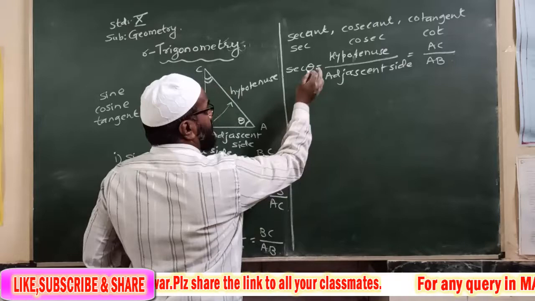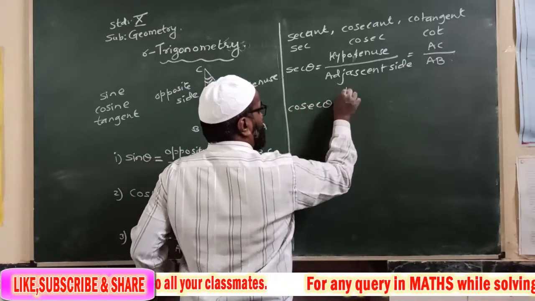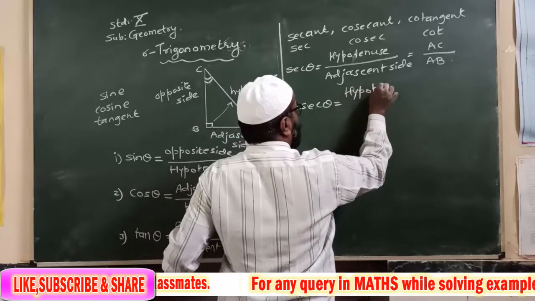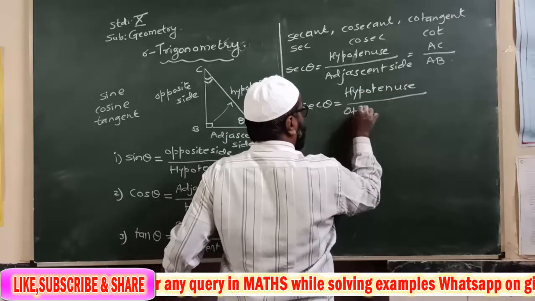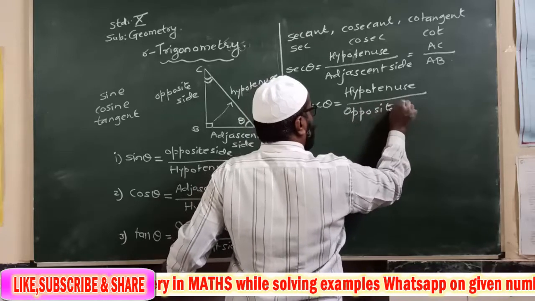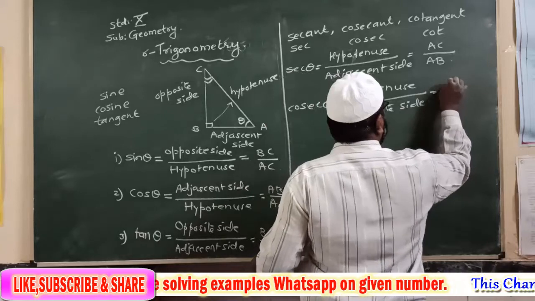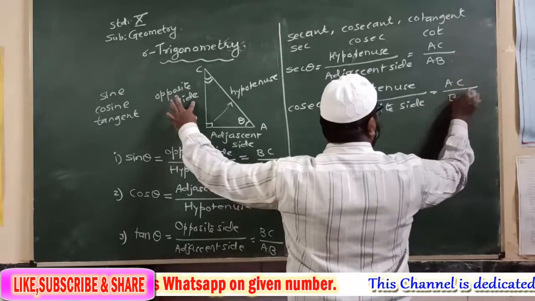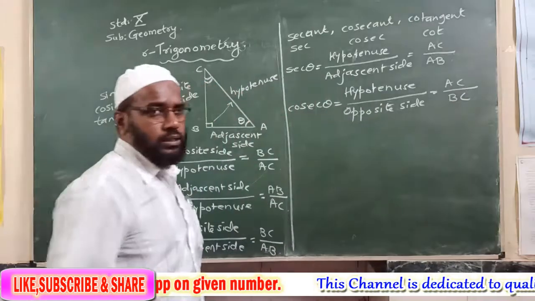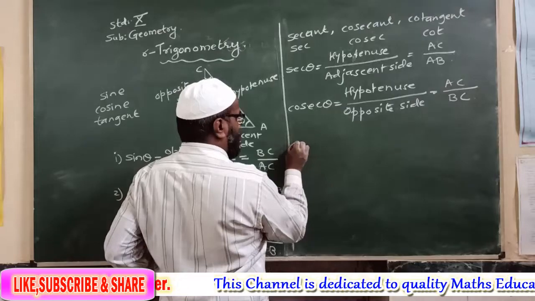Then cosec theta is equal to hypotenuse upon opposite side, that is AC upon BC. And the last ratio is the cot ratio.